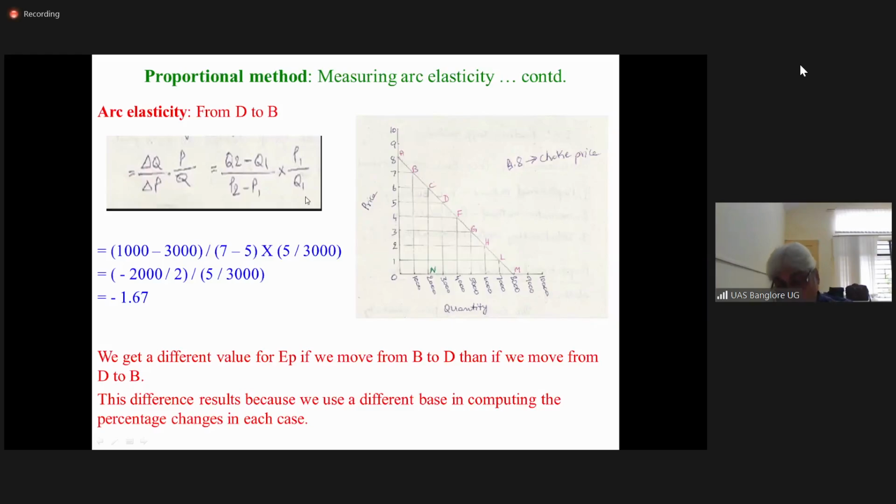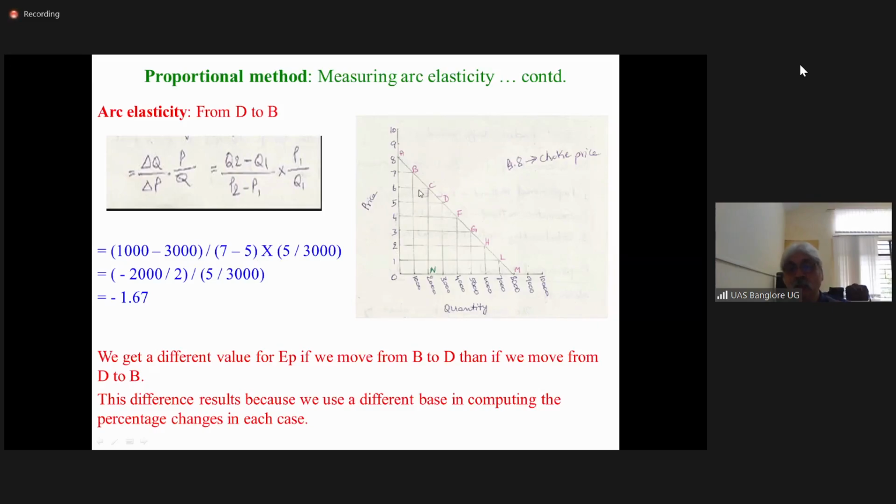But now there is a slight change here. Q2, the new point, is B, so the new quantity is 1,000. Q2 is 1,000, minus the original quantity at point D, which is 3,000. So 1,000 minus 3,000.